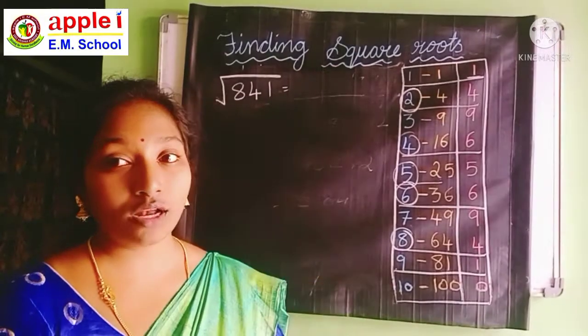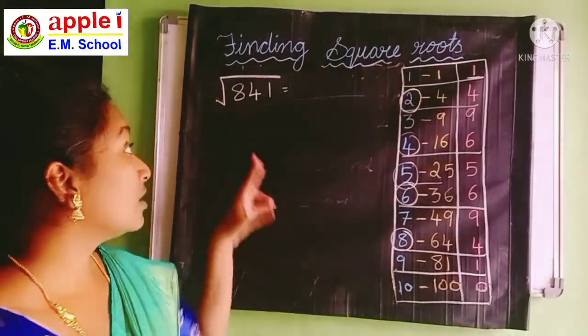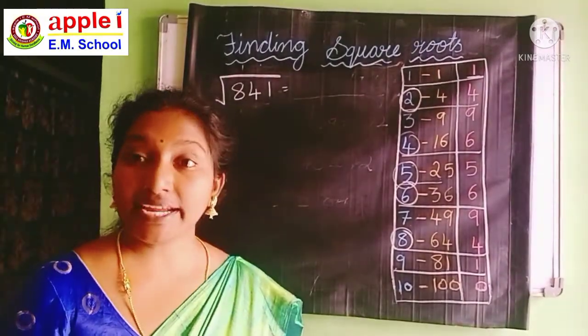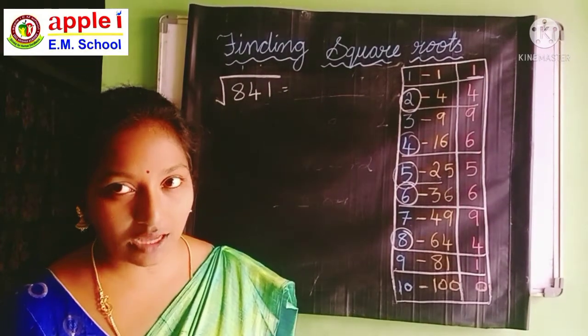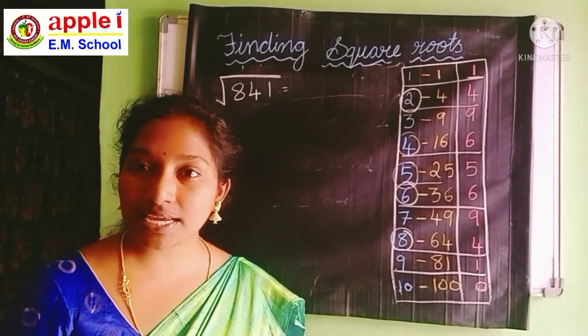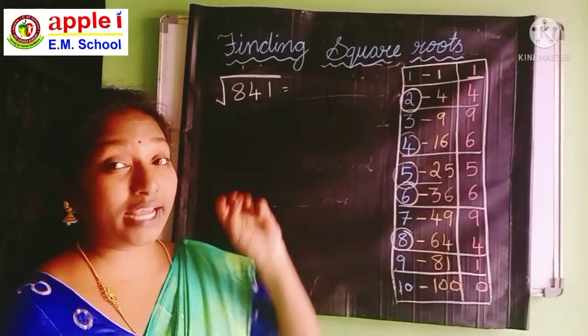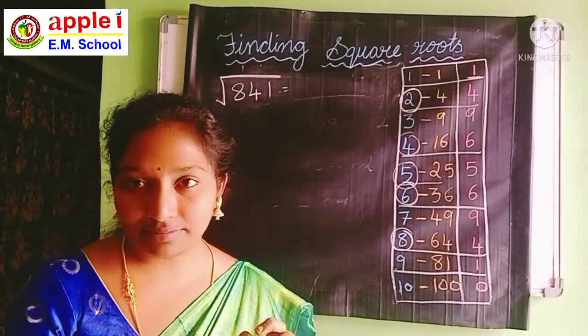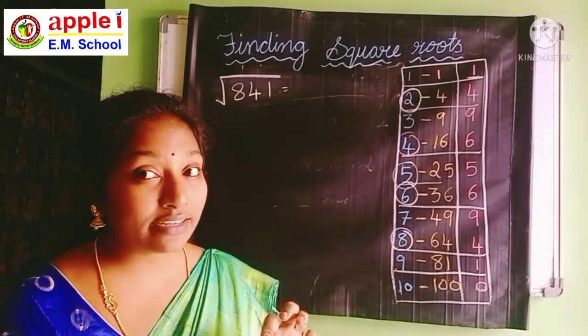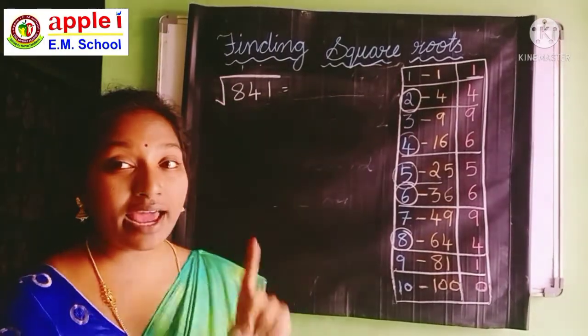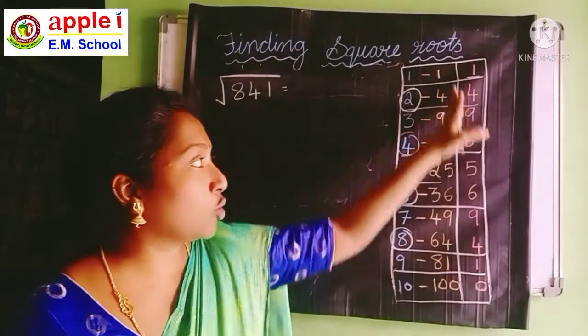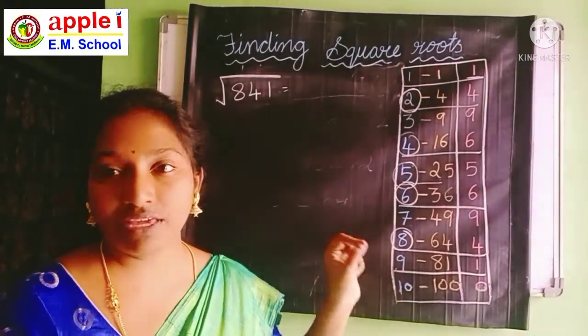Let us solve one more sum. Square root of 841. So what is the first step? First step, we have to check the units place. Here we are having 1. So go to the table where you are having 1.